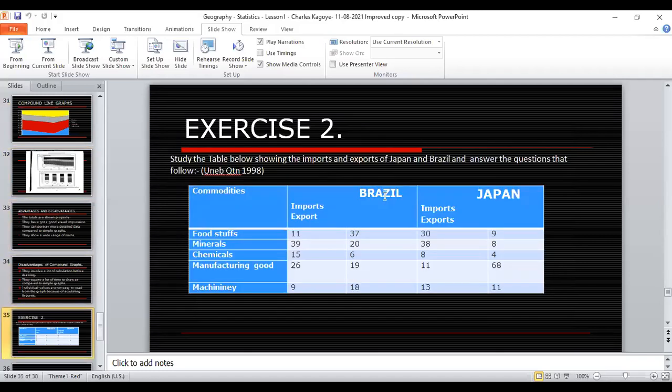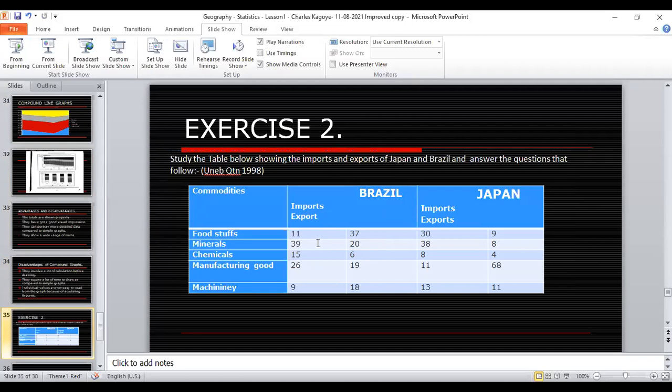So I wanted to give you one like this. You can take it and work it out for me. If you want more data, I can still give you. But this one, for example, you're having exports.